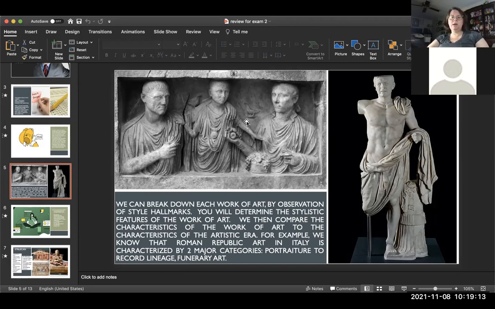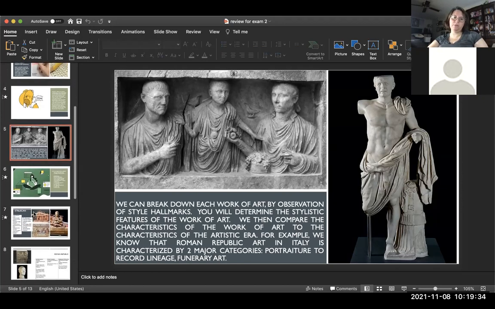So keep that in mind. If you're looking at a relief that is Roman, that is a funerary relief and not a full standing sculpture, and it's usually of just people that look like ordinary people, it is a plebeian funerary sculpture from the Roman Republic.